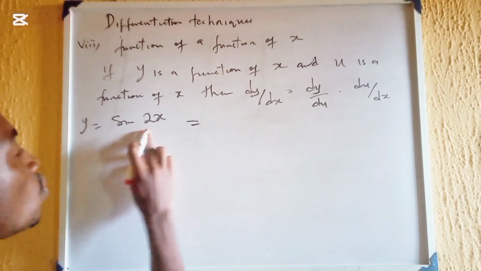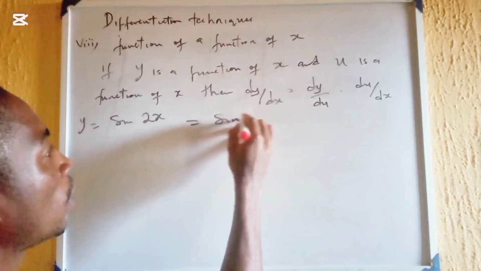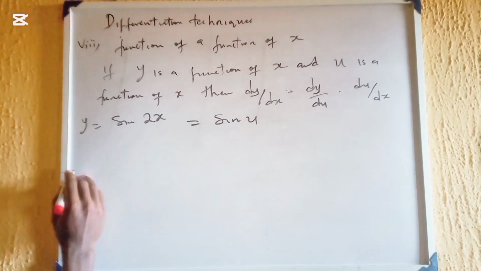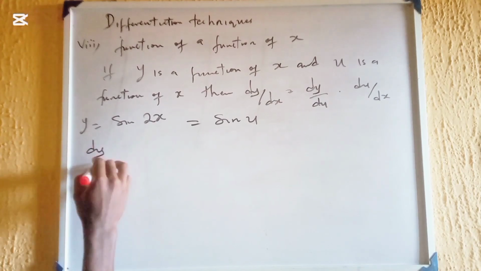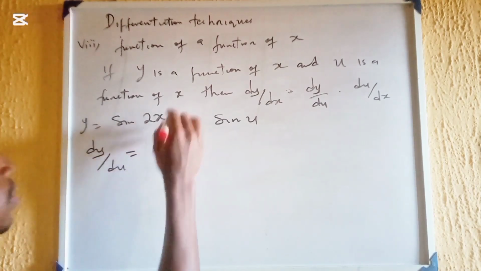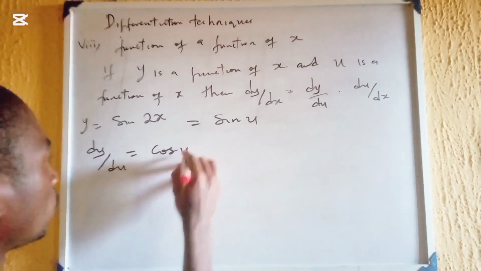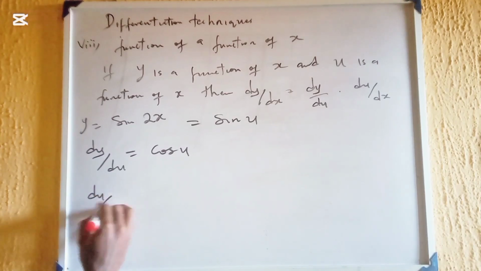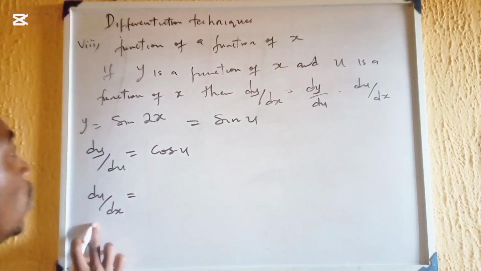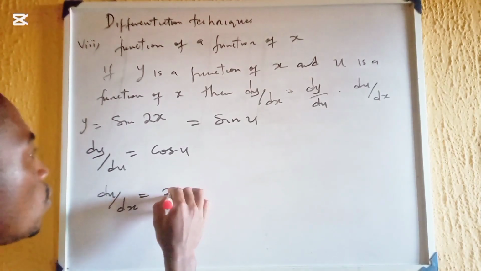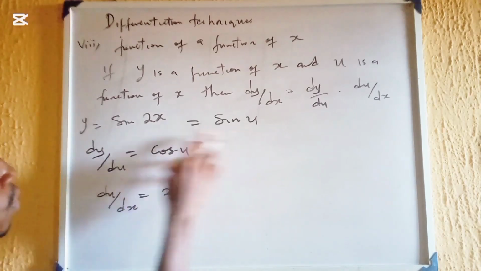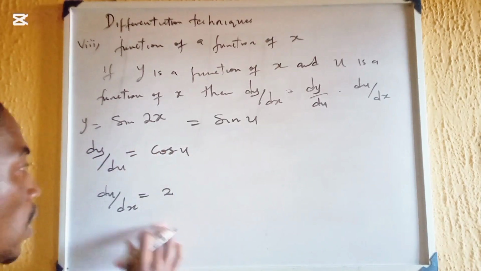Let's say that 2x is u. So we have y equal to sin u. Let's get our dy/du. dy/du is equal to what? cos u. Then let's get our du/dx. du/dx is equal to 2. Why? Because u is equal to 2x. So when you differentiate with respect to x, you have 2.